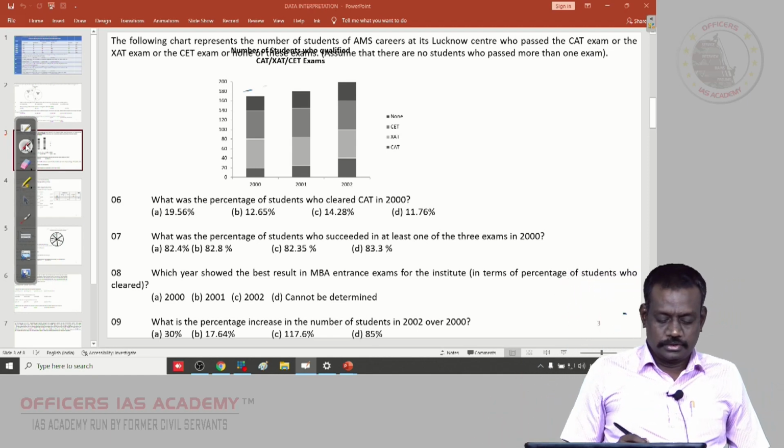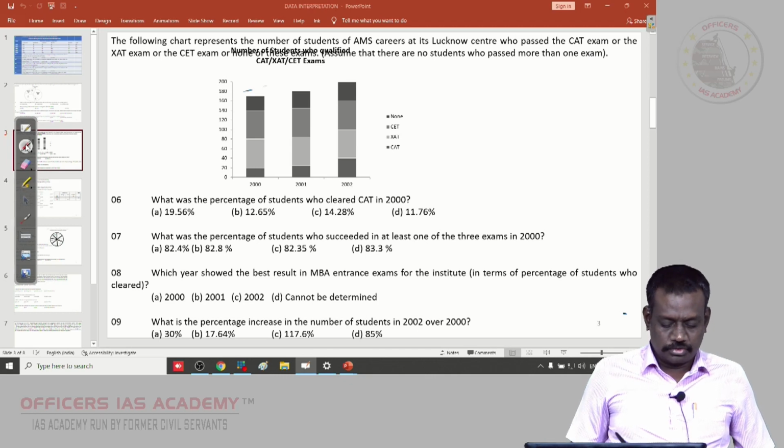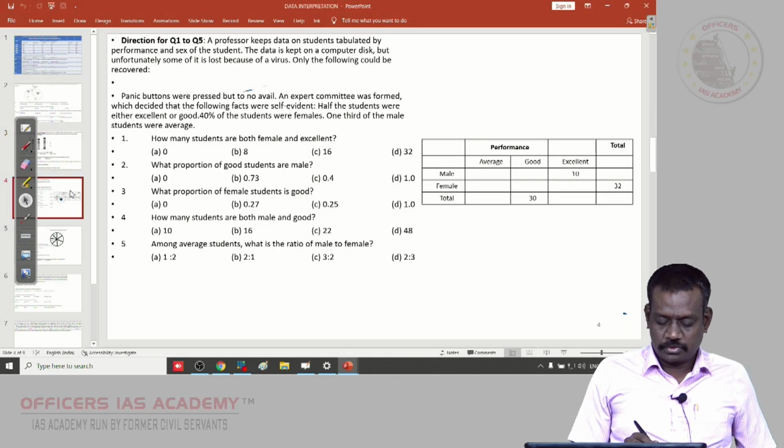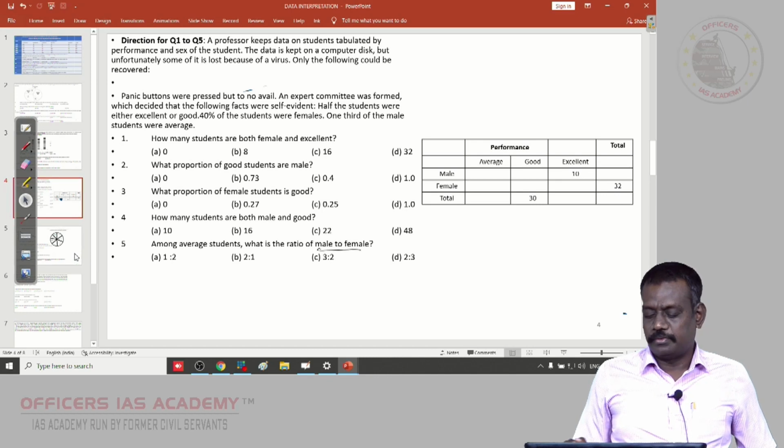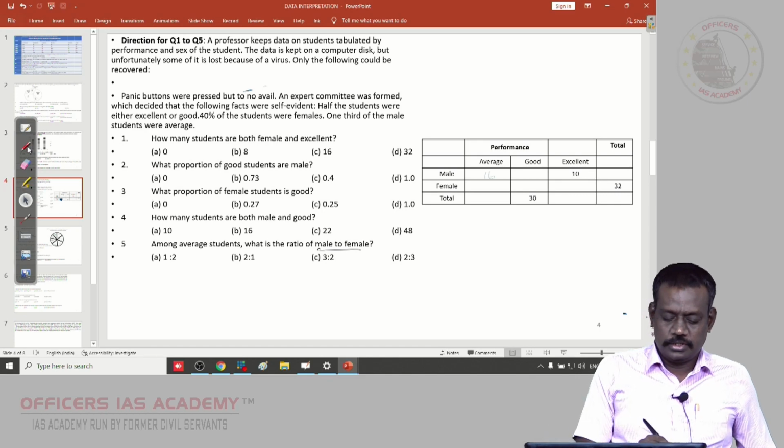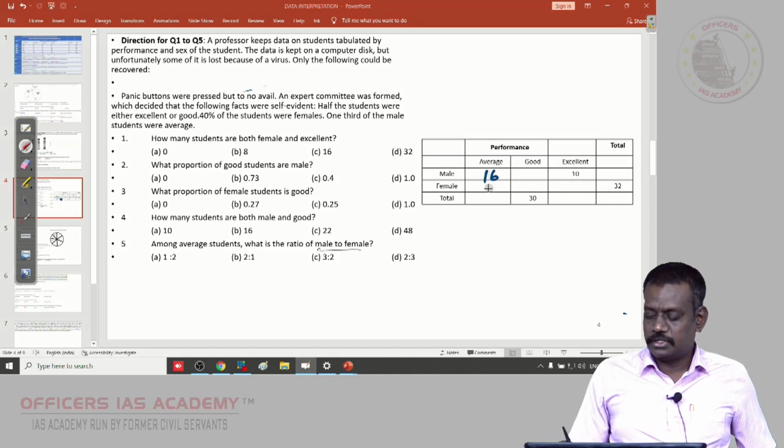Abhishek, see, last one you understood, right? The question was, among the average students, what is the ratio of male to female? So the male students were 16 and the female students were 24, isn't it?